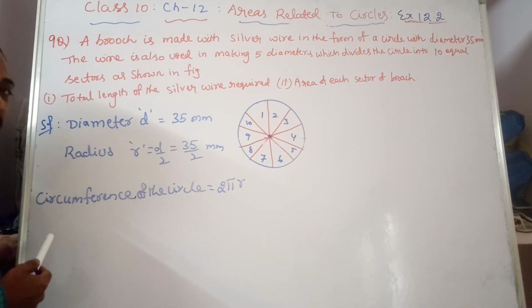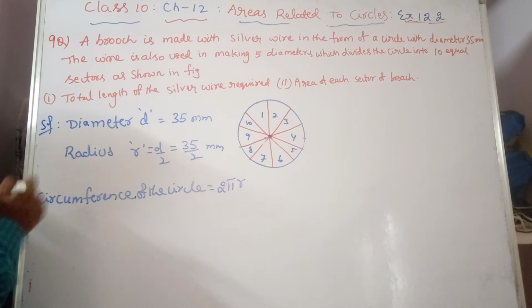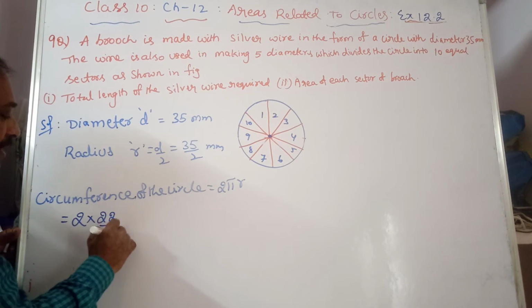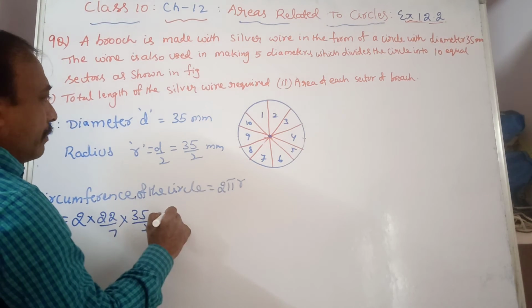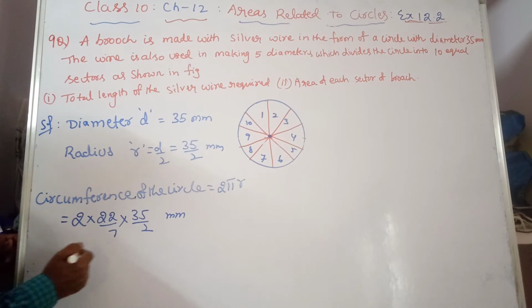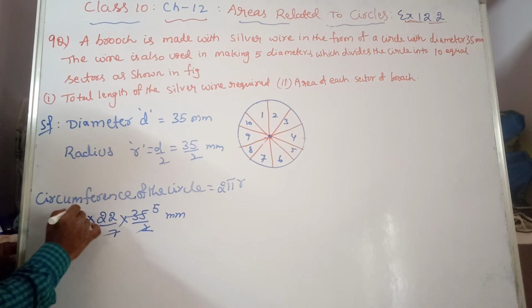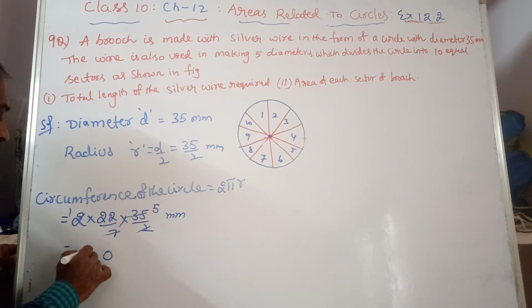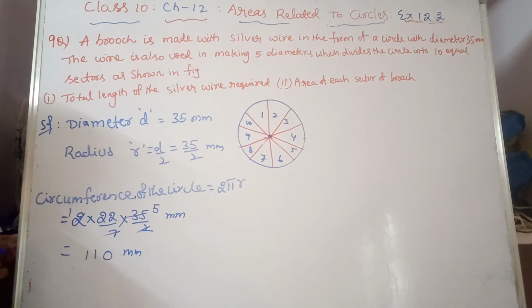So 2 pi r is equal to 2 into 22 by 7 into the radius 35 by 2 millimeters. Now 7 ones are 7, 5 sevens are 35, 2 ones are 2, which is equal to 5 2s are 10, plus 1, 11 millimeters. This is the circumference of the circle.